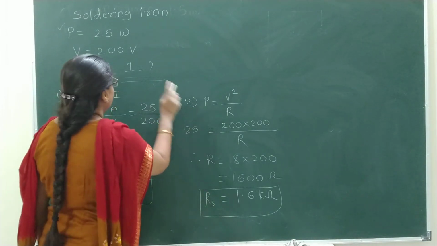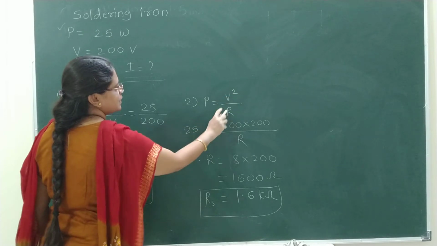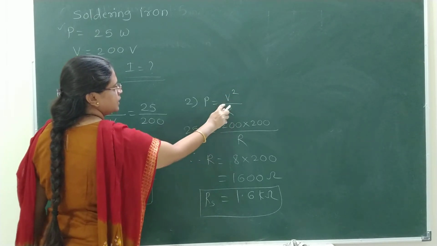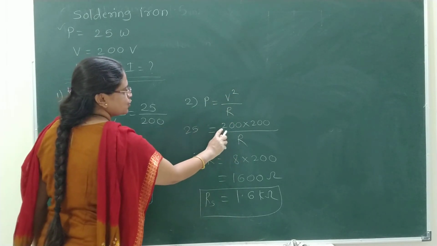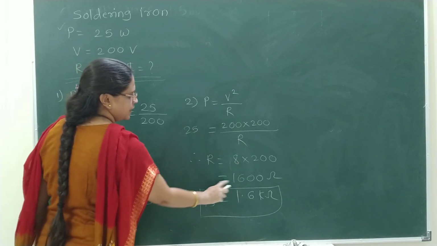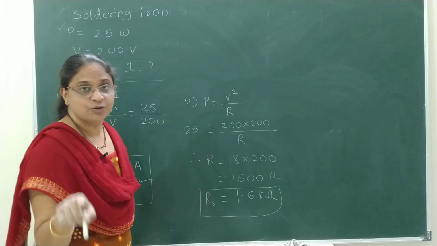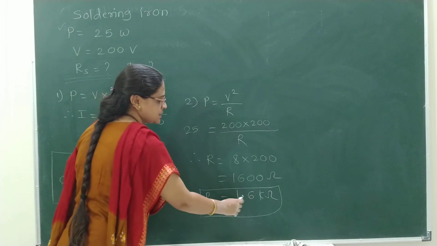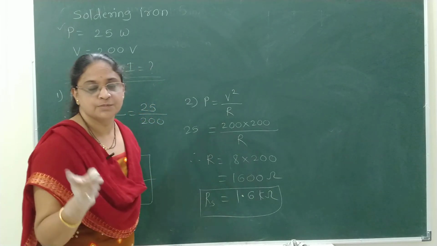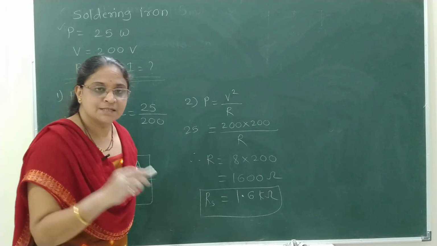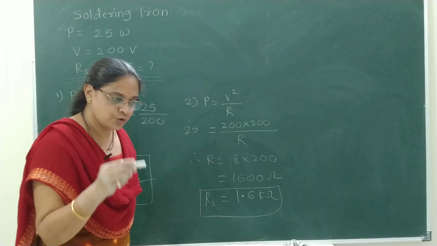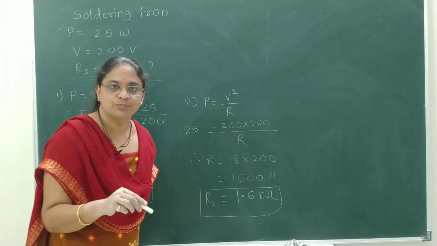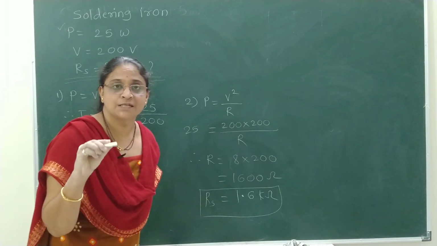Next, second, as we know P is equal to V square upon R. R can be calculated as V square upon P. So 200 into 200 upon 25, it results to be 1600 ohm, which is nothing but the soldering iron's resistance, 1.6 kilo ohm. Soldering iron, it is the soldering gun that is used to fix the electronic component permanently on the printed circuit board.